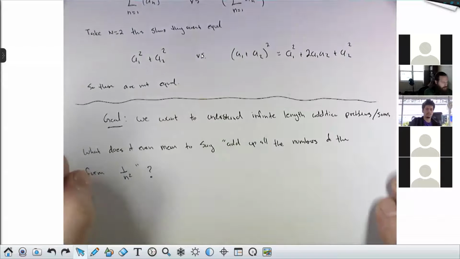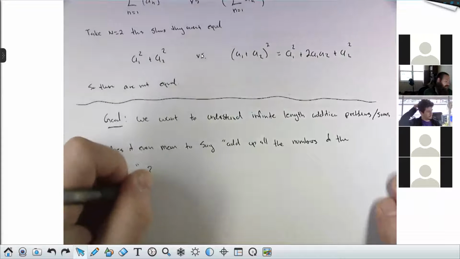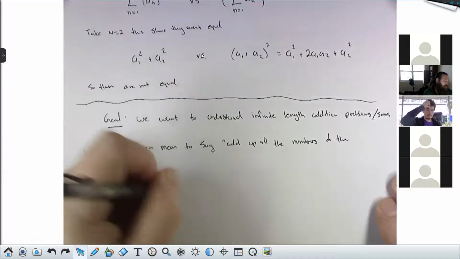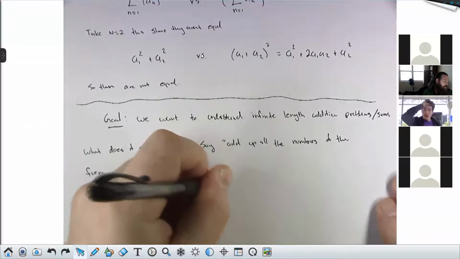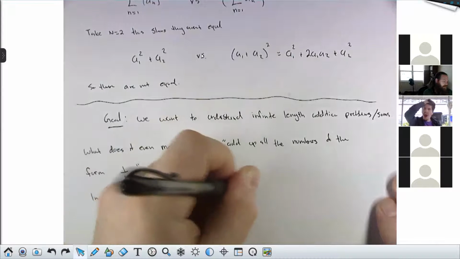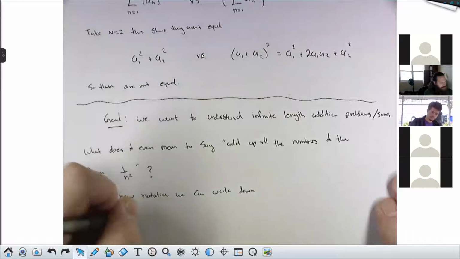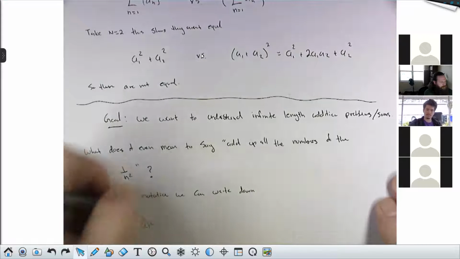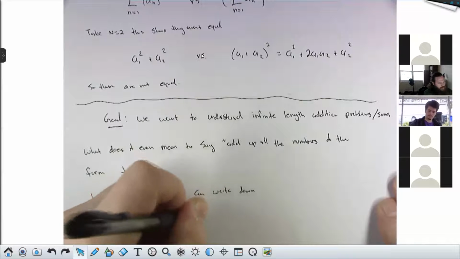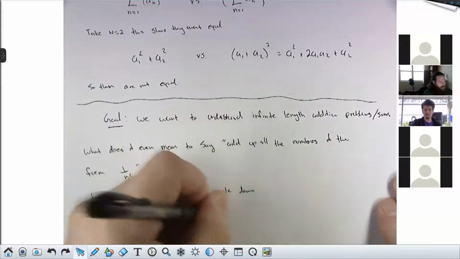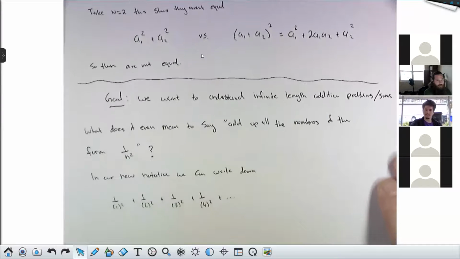Conveniently, in our new notation, we can write down 1 over 1 squared plus 1 over 2 squared plus 1 over 3 squared plus 1 over 4 squared plus ... on and on and on forever.